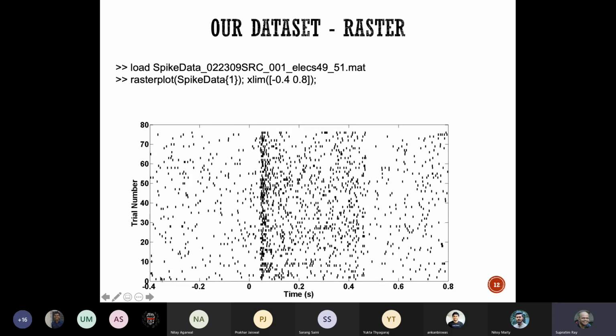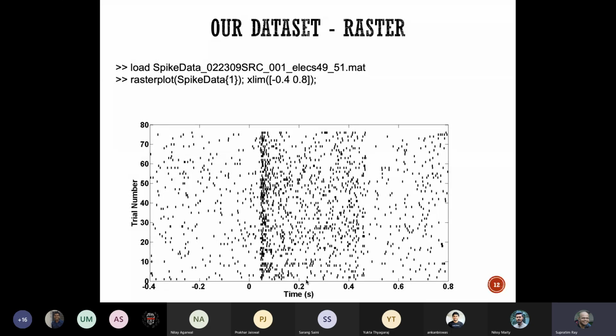From one trial to another, if I look at trial 1, the spike trains look a particular way, so action potentials are generated at certain times. If I look at trial 20, it's something else, trial 40 is something else, even though it's the same stimulus being presented 76 times, the responses are slightly different. So the question is, which aspect of this firing is carrying information about the stimulus?